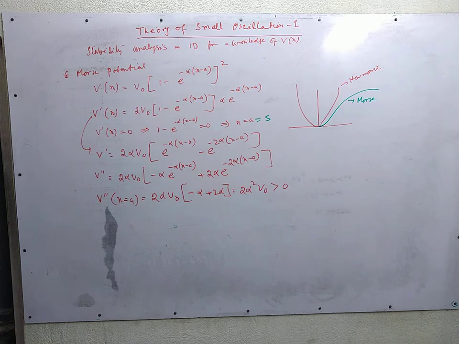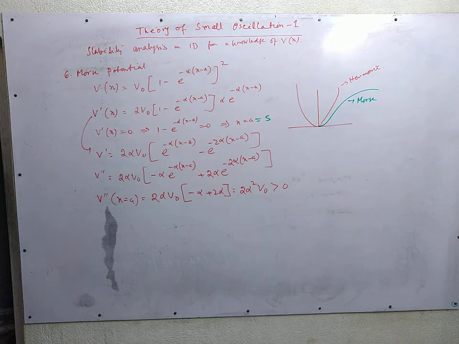Then we analyze the nature of the stationary points from the value of the second derivative. We may encounter a situation where the second derivative itself is 0. Then we need to go to third or higher derivatives to get an idea about the nature of the stability point.